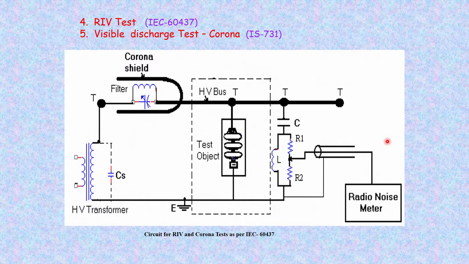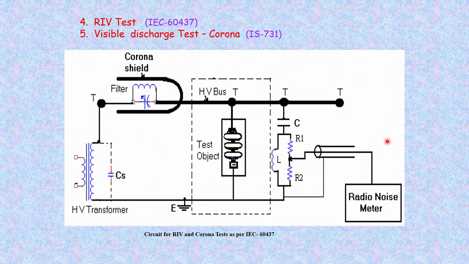So, the standard clearly mentions that RIV measurements, before the equipment is installed in the field, have to be carried out anywhere between the frequency range of 0.5 megahertz to 2.5 megahertz. This is the radio frequency band where the discharges could create problems to the radio networks. Visible discharge or corona is described in Indian Standard 731.